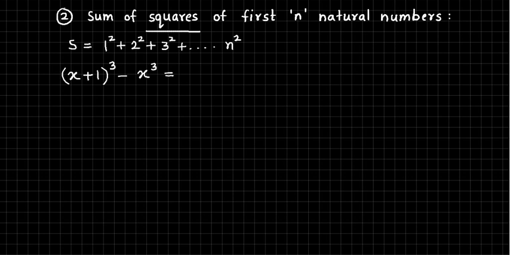Now on expanding we will realize that (x plus 1) the whole cube gives us x cube as a first term, which will get cancelled with this particular x cube. Now the second term in the cubic expansion is nothing but 3x square. Then the third term is 3x, and then finally we will get 1 as the last term, which is 1 cube.